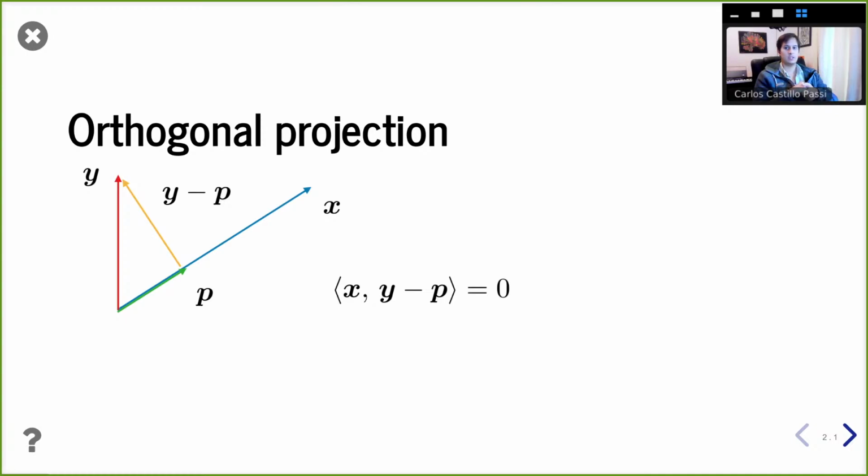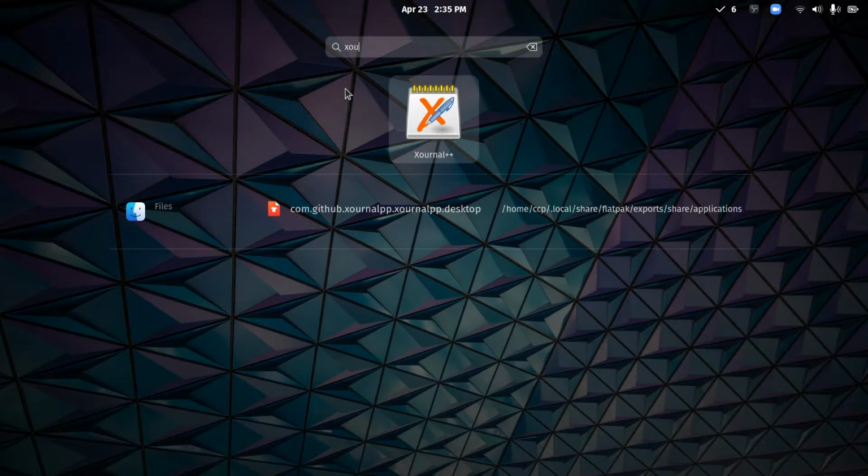Here I'm only doing it onto a vector X. And basically, if you have Y and you're going to get the orthogonal projection onto this vector X, what you're trying to achieve is to find a vector P, that is the projection, that satisfies that this vector in yellow is orthogonal to P. The vector in yellow is Y minus P. And this is something that is basic for engineers, but I'll be talking about it a little bit more.